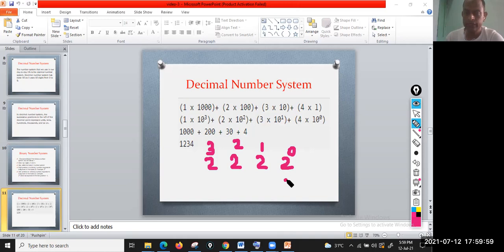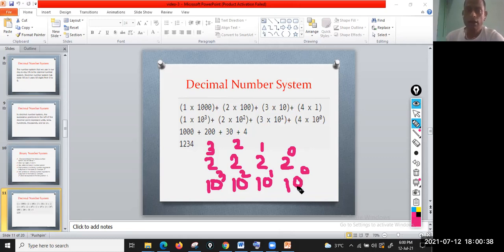Similarly for decimal, 10 to the power 0, 10 to the power 1, 10 to the power 2, and 10 cubed. Why have I written 2 as a base? Because binary uses 2 digits, 0 and 1. Why 10 to the power 0? Because decimal uses 10 digits, 0 to 9.